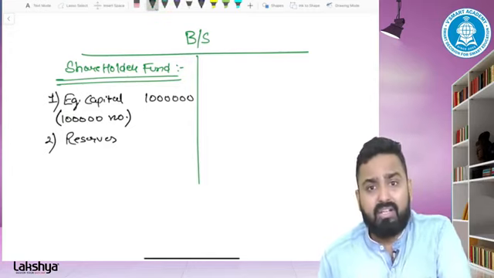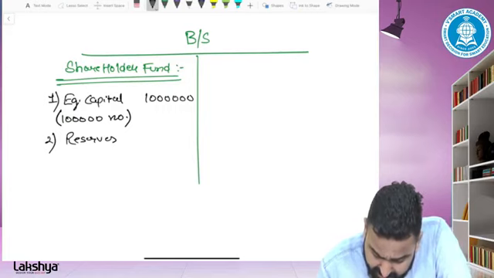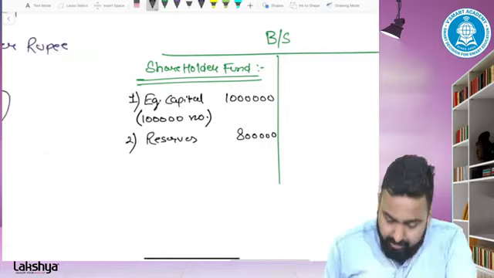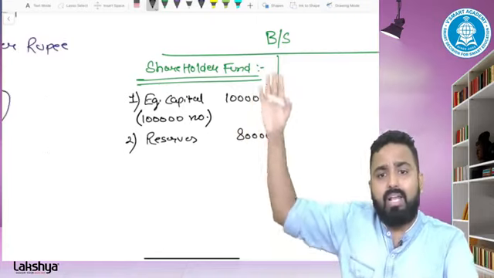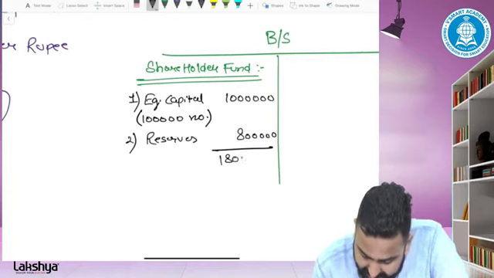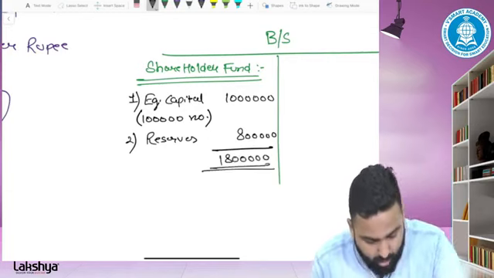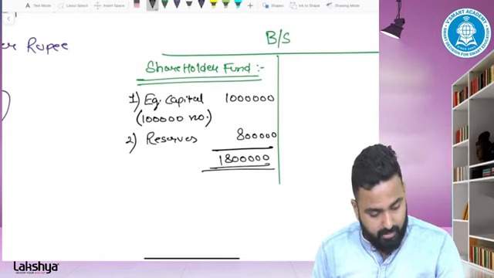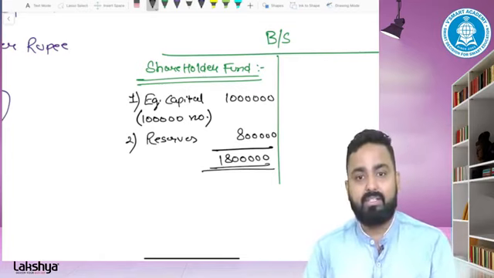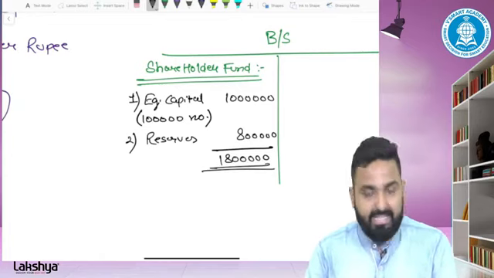As far as reserves are concerned, these are 8 lakhs. So we can say that our total equity, our total shareholders' fund, is 18 lakh.